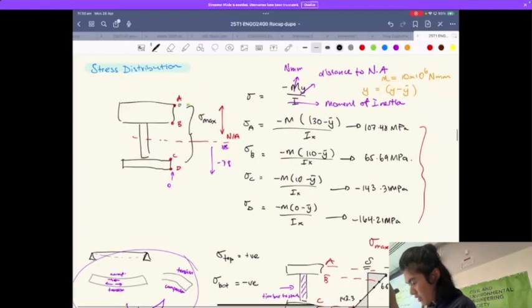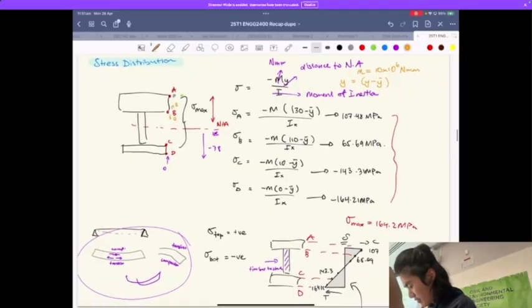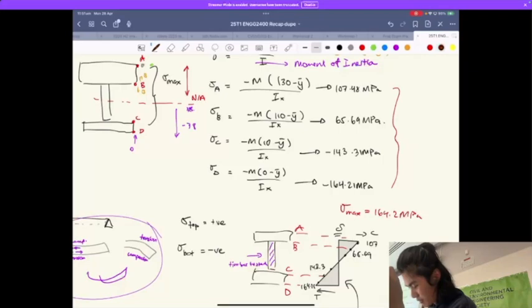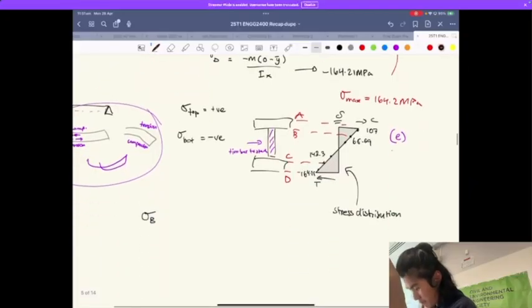That's going to be right before B, you have steel, and right after B, you have timber. So essentially, you're multiplying B and C, because they're the points where the materials change, by 1/20.